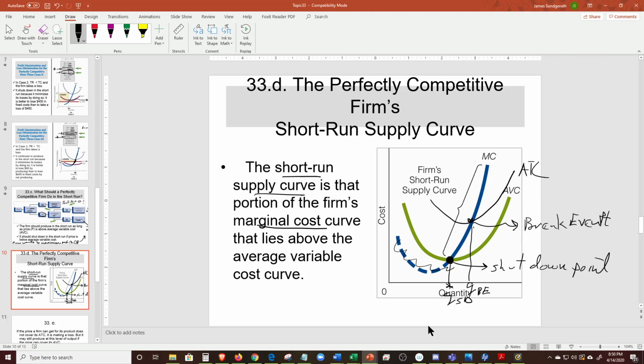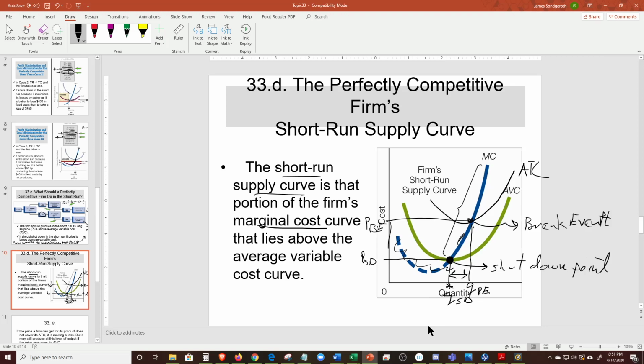Break-even point. Above it, the firm is making profits greater than zero. Below it, it's losing money. So let's say there is a shutdown price and a break-even price.